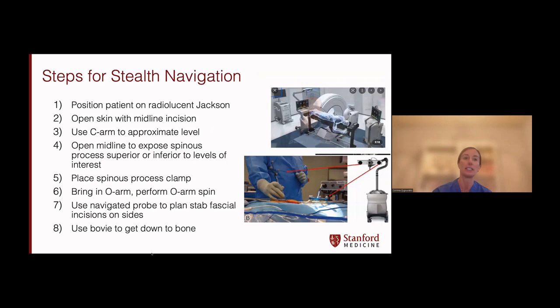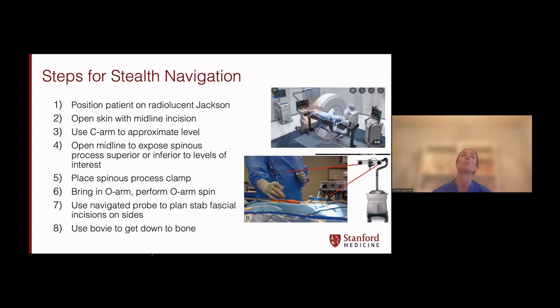And then importantly, we do need to place a spinous process clamp. So if it's a large fusion in this case, I would put a spinous process clamp both at the superior aspect as well as the inferior aspect of the incision, especially when I'm thinking about the kyphosis of the thoracic spine. If it's a shorter construct, you could only need 1 spinous process clamp.